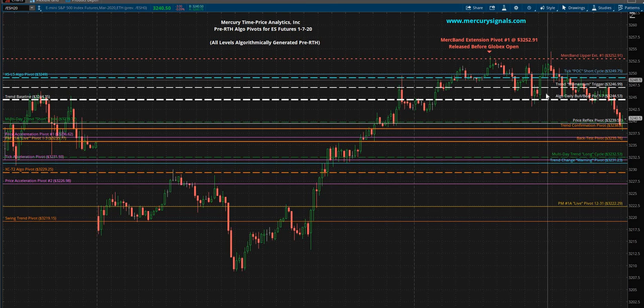So that's why we've got these algorithmic pivots that give you plenty of opportunities. As in my case, short 32.52, took +6 on the first third of the position, plus it was 12 or 13 on the second third, and I've still got my runner left.